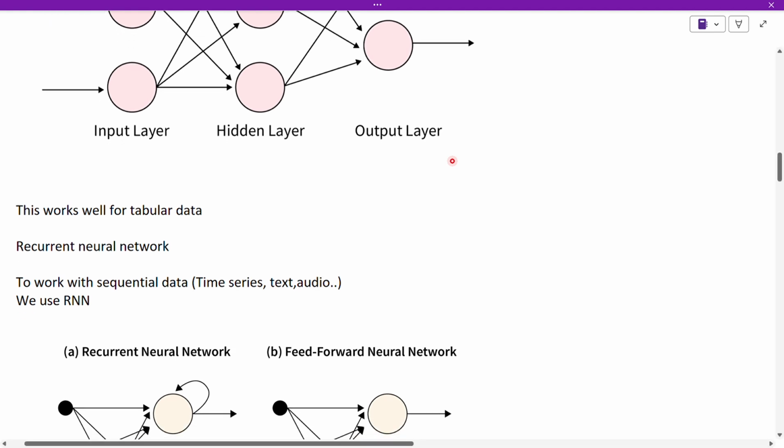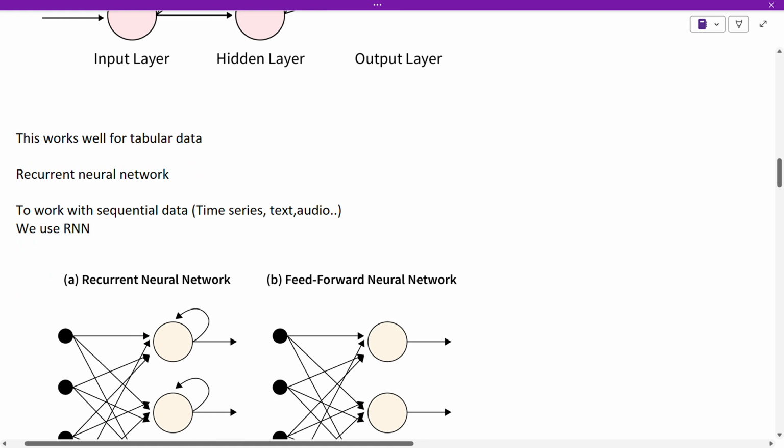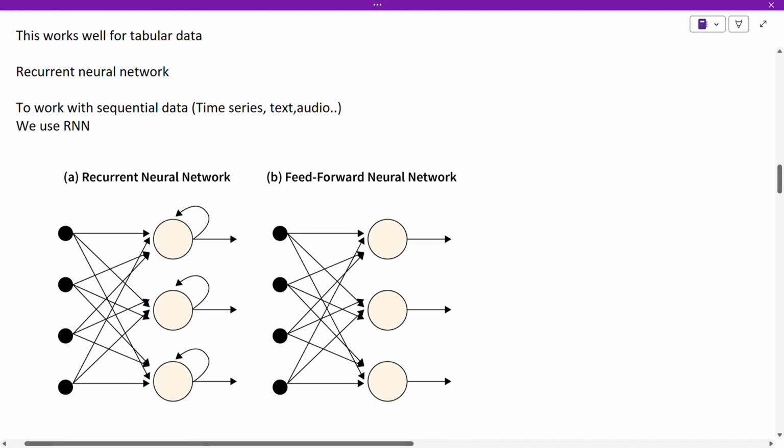For data like time series data, text data, and audio data, we classify this sort of data as sequential data. To work with sequential data, we needed some other architecture, which is nothing but the RNN.